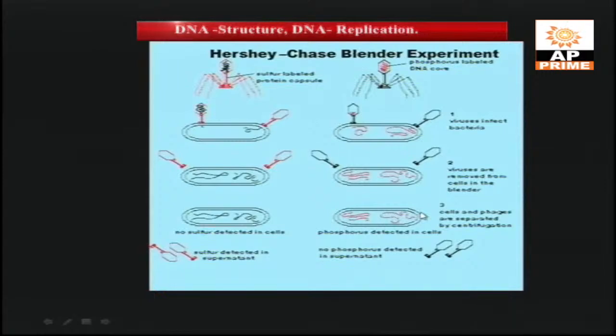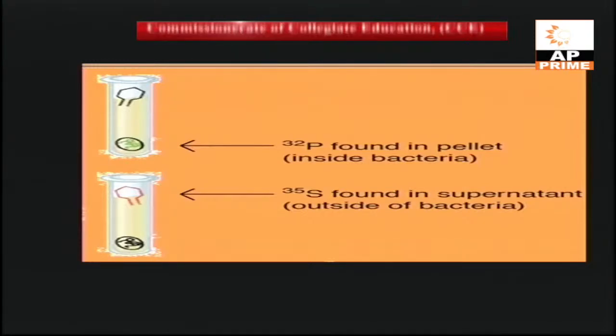After infection, viruses and bacterial cells were separated by blending and centrifugation and then observed for radioactivity by the scientists Hershey and Chase. Now have a look at this slide. You can see bacterial cells were formed as a pellet at the bottom of the test tube when treated with phosphorus-32 radio-labeled viruses.